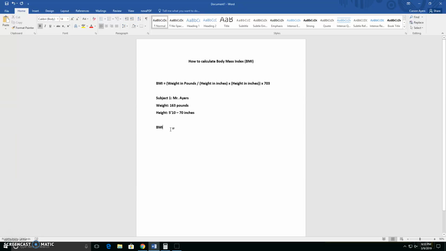So to calculate the BMI, what we're going to do is take our weight in pounds, so 163 pounds. We're going to divide this by our height, which is 70 inches, multiplied by our height, which is 70 inches.